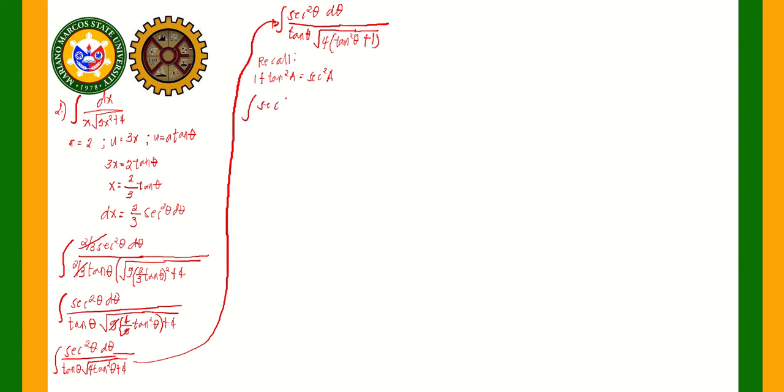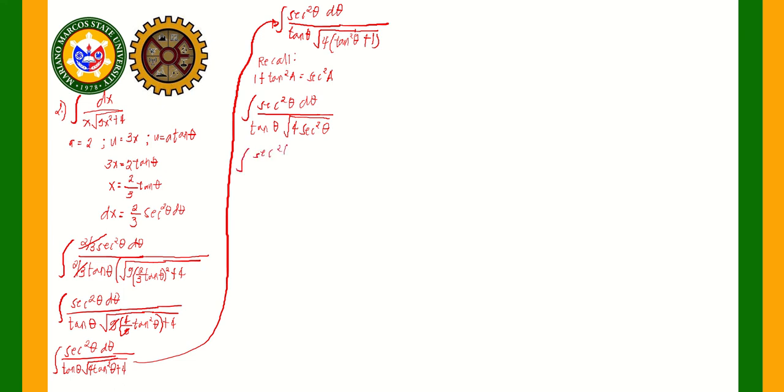So this is equal to secant squared theta d theta all over tangent theta times the square root of 4 tangent squared theta plus 1, which is equal to secant squared theta. Okay. Since they are both perfect squares, pwede nating tanggalin si radical symbol.